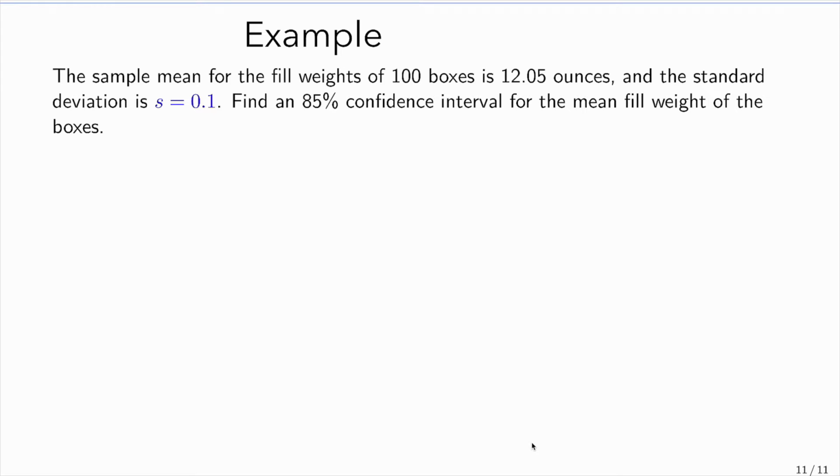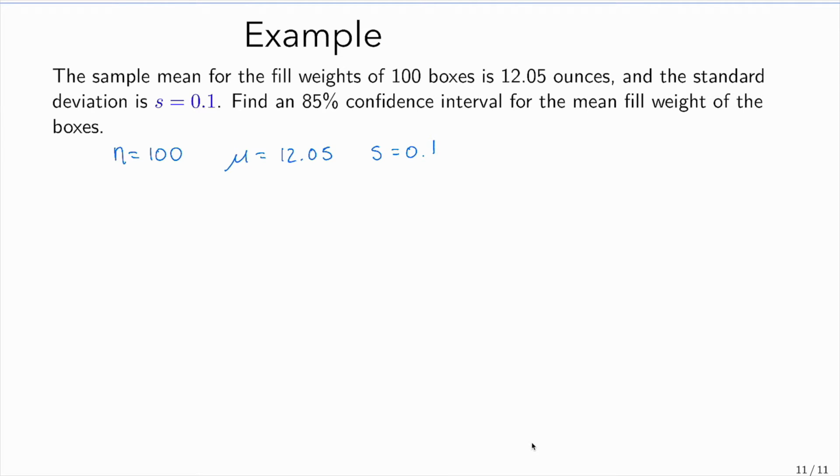So in this case, what we have is a sample of boxes. The sample consists of 100 elements. The mean is equal to 12.05, and the sample standard deviation is equal to 0.1.